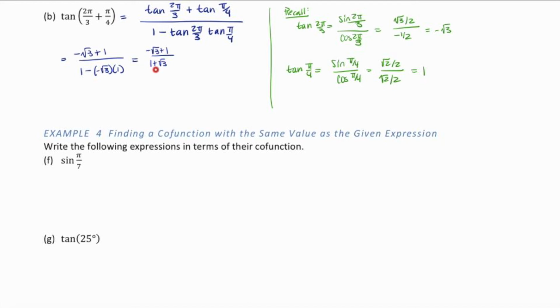Remember, we don't want to leave a radical in the denominator, so we have to rationalize this denominator by multiplying 1 minus root 3 to the numerator and denominator. And in our denominator, we'll end up with 1 minus 3. In our numerator, we'll end up with 1 minus 2 root 3 plus 3. So we end up with 4 minus 2 root 3 divided by negative 2.